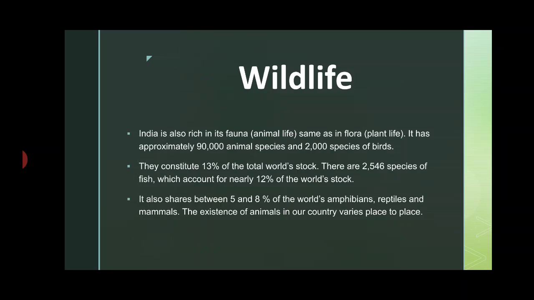They constitute 13% of the world total. There are 2,546 species of fish, which account for nearly 12% of the world's stock. It also shares between 5 and 8% of the world's amphibians, reptiles, and mammals.